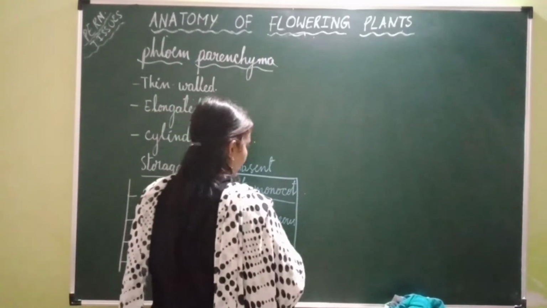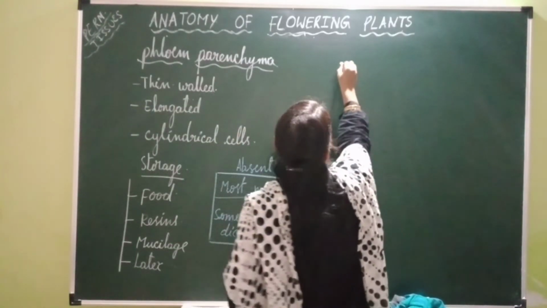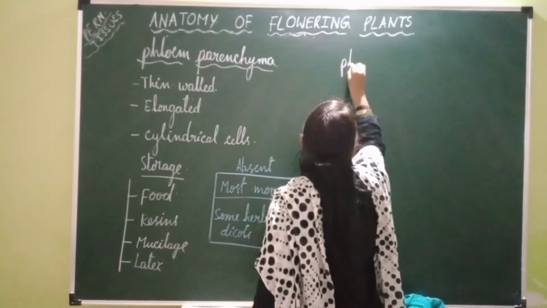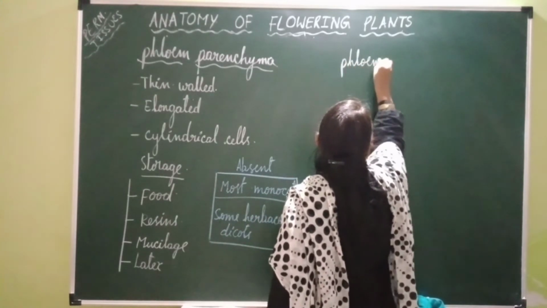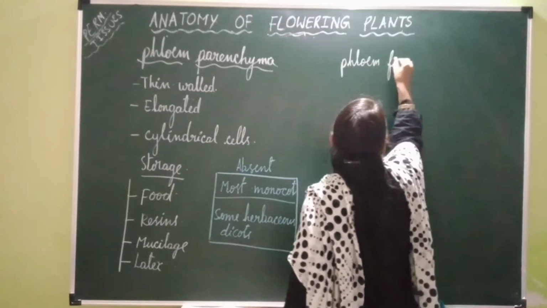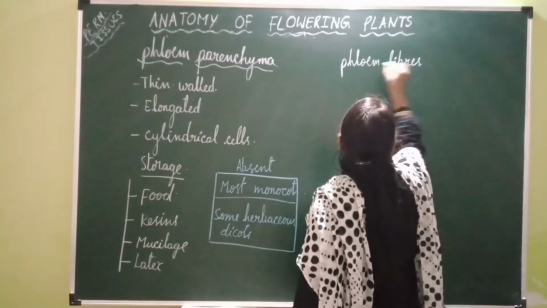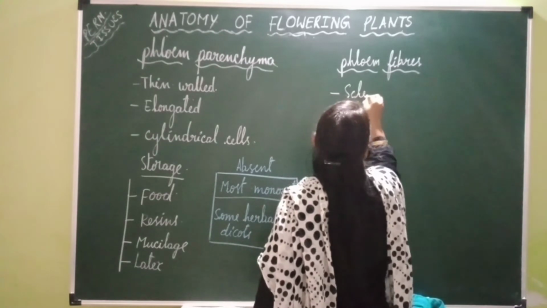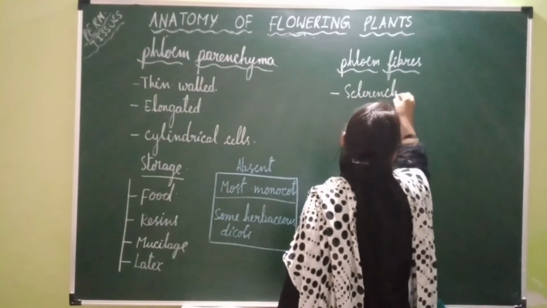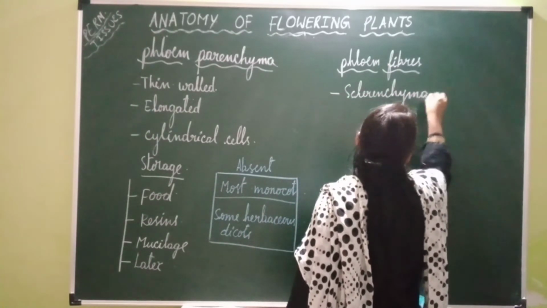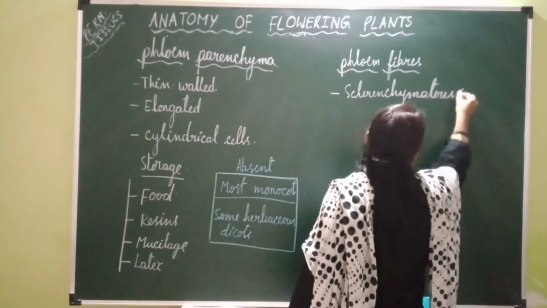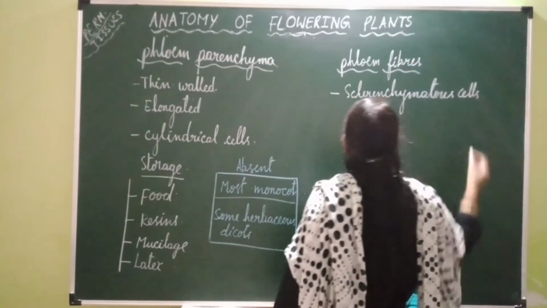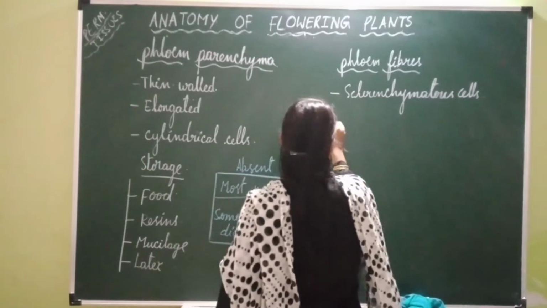Next, let's study about phloem fibers. These phloem fibers are sclerenchymatous cells, which are thick-walled, and these cell wall thickenings are made of lignin.